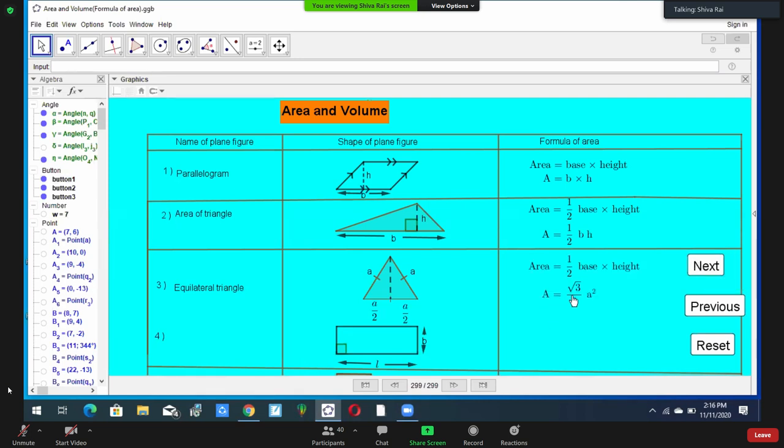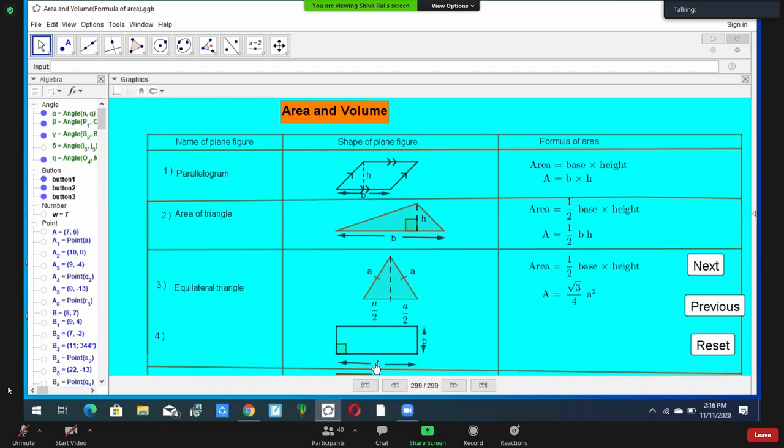Here, A equal to half base into height, but by multiplying, actually base equals A and height you will get root 3 by 2 A. So by multiplying, we get 4 in the denominator. So look how its formula comes. Once you look in your book also.